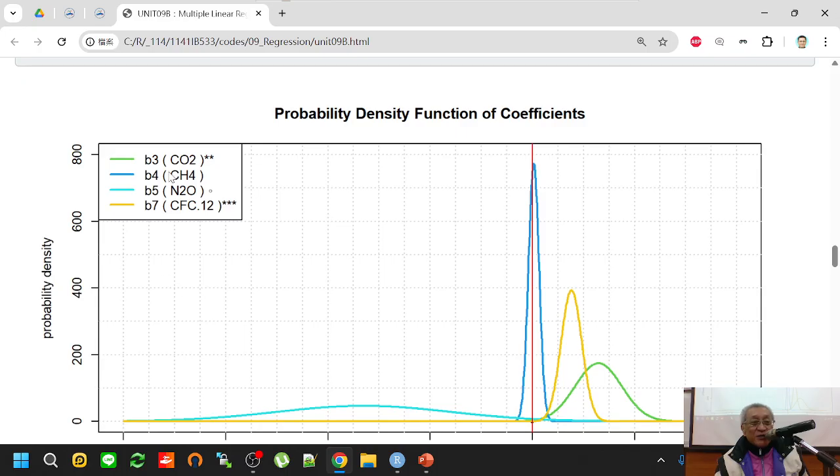See, this is B3 associated with CO2. B4 is not significant. B5 is barely significant, and B7 is very significant.